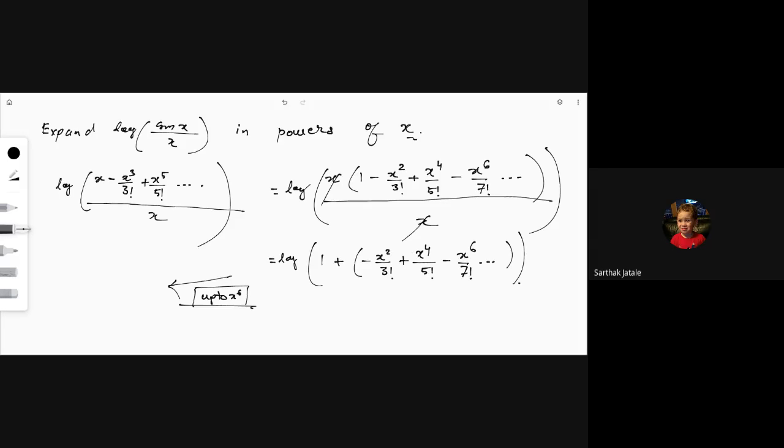So minus x cubed by 6 plus x to the power 4 by 120. Just a minute, let me verify. Yes, tell me. Minus x cubed by 6 plus x to the power 4 by 120 minus x to the power 6 into 1 by factorial 7 plus 1 by 72.